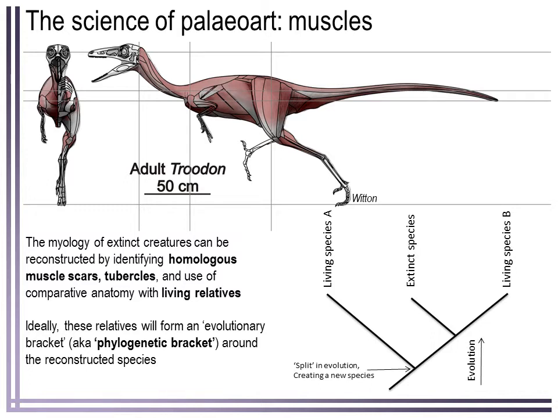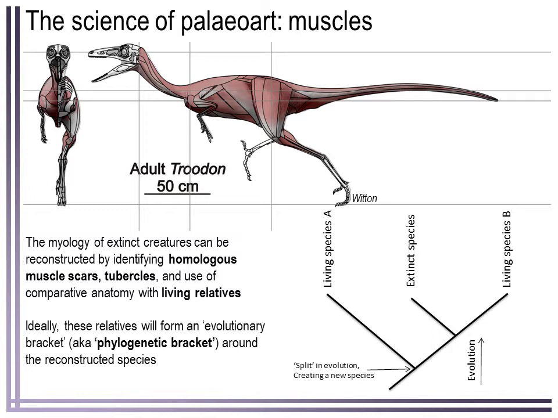These are modern species which bracket an extinct species in an evolutionary sense. So you can see a graphic at the bottom right-hand portion of the screen there, which gives you an idea of what I'm talking about here. We've got two species, living species A and living species B, and we're trying to reconstruct the soft tissues, the musculature, of that extinct species.